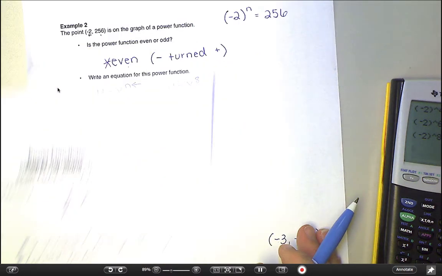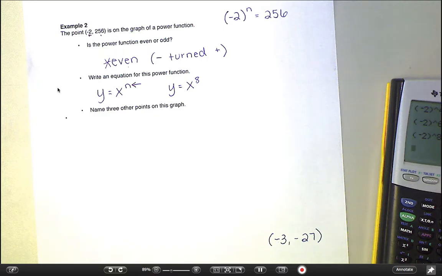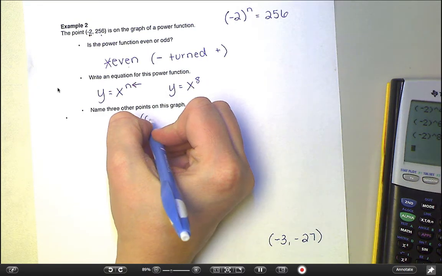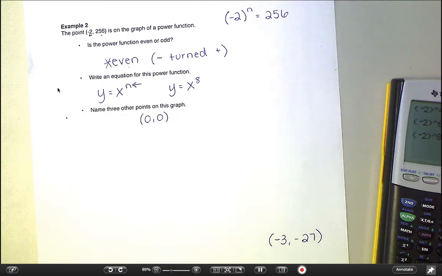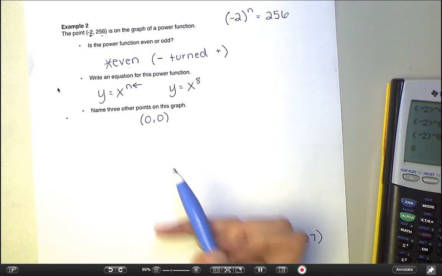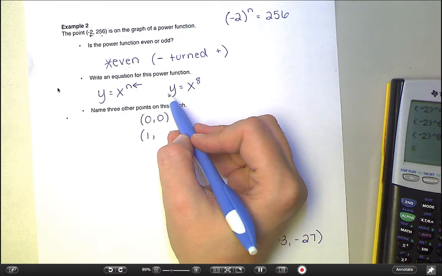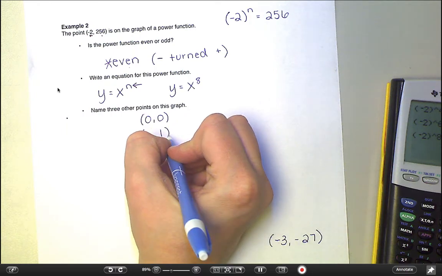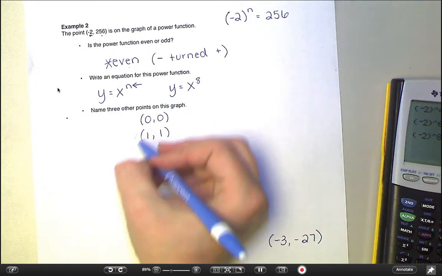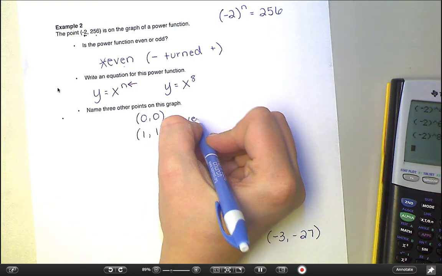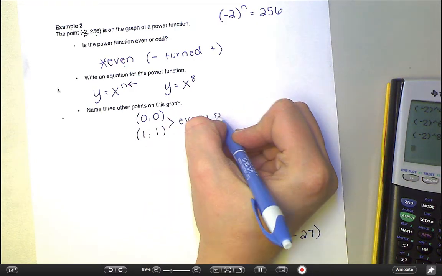So any power function, even, odd, whatever, no matter what that exponent is, 0, 0 is going to be there. And then another easy one to plug in, if you take 1 and plug it in for x, 1 to any power is just going to be 1. So these 2 points right here show up on every power function.